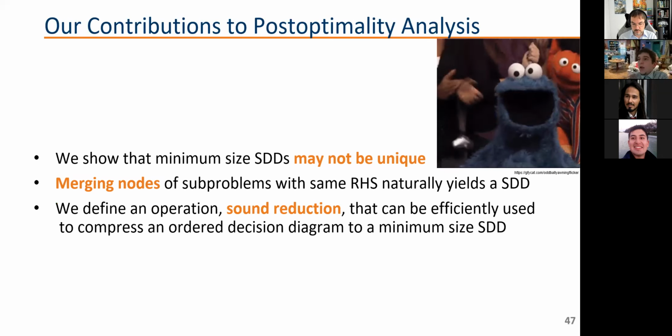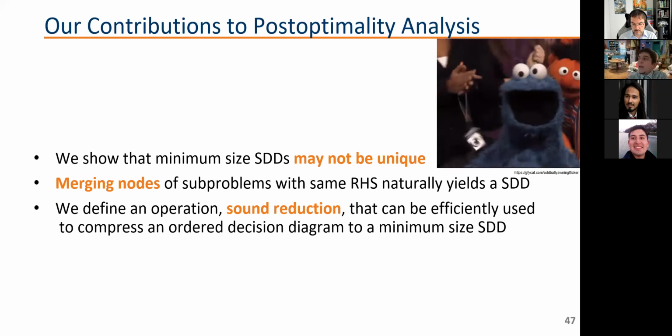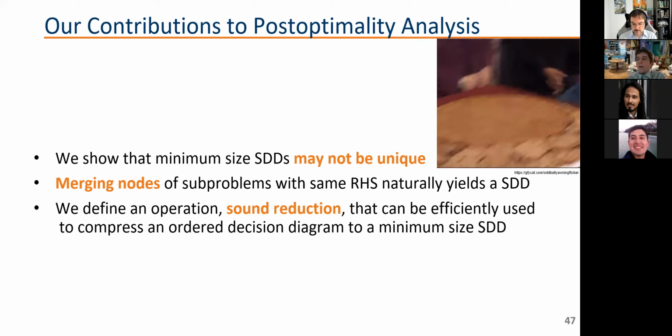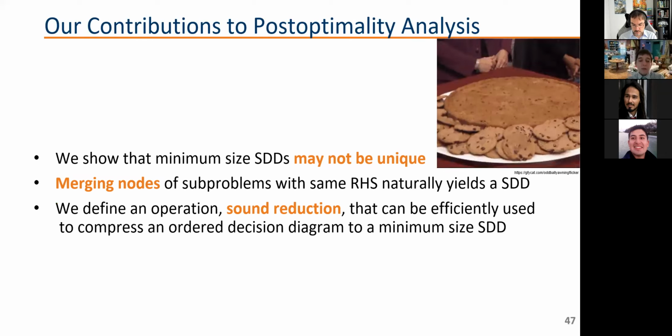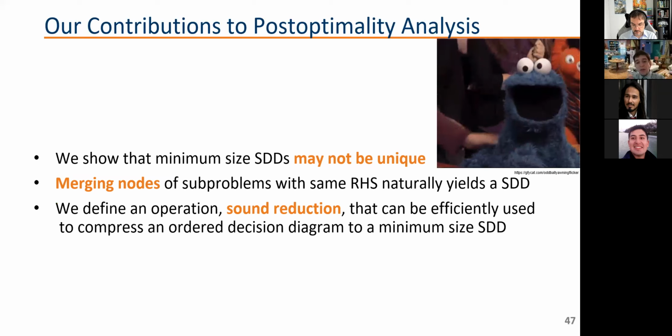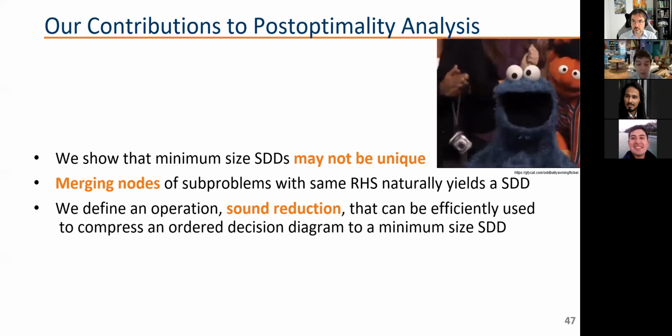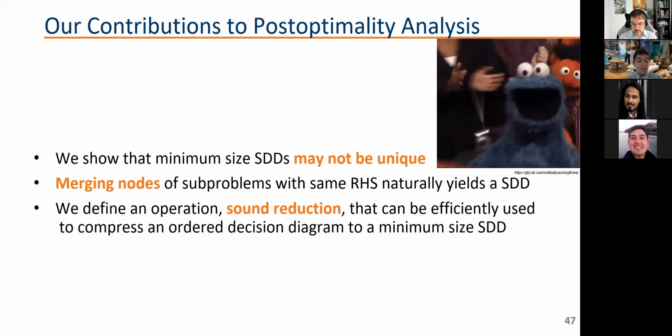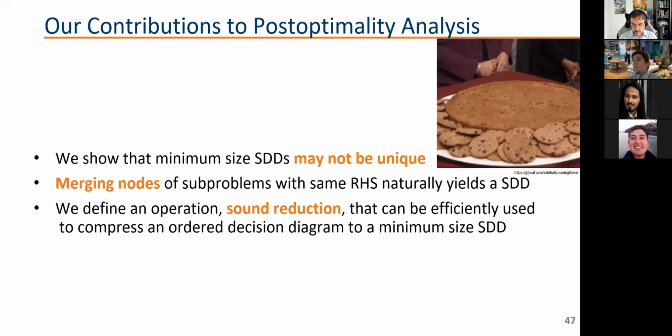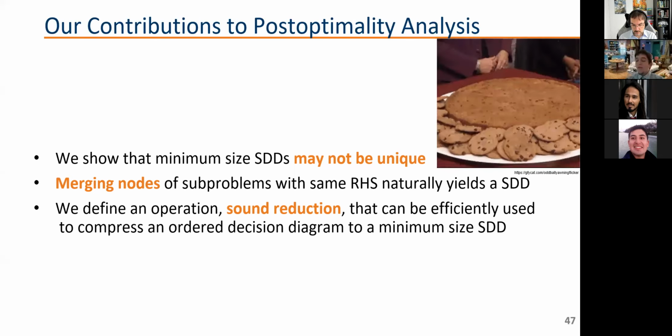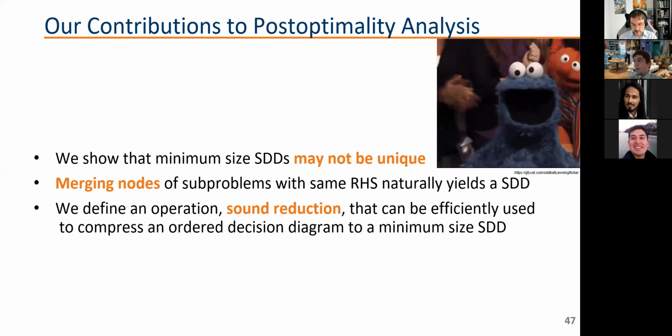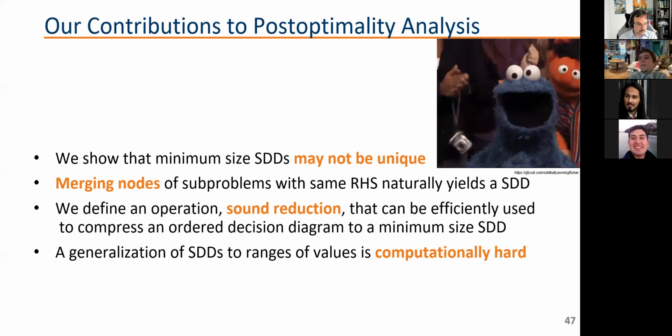And we define this operation called sound reduction that can be efficiently used to compress a decision diagram to a minimum size. So this is going to be efficient on the size of the decision diagram. The decision diagram itself, of course, can be very large, or just producing the decision diagram can be a very expensive process, like if you're enumerating solutions of an NP-hard problem.